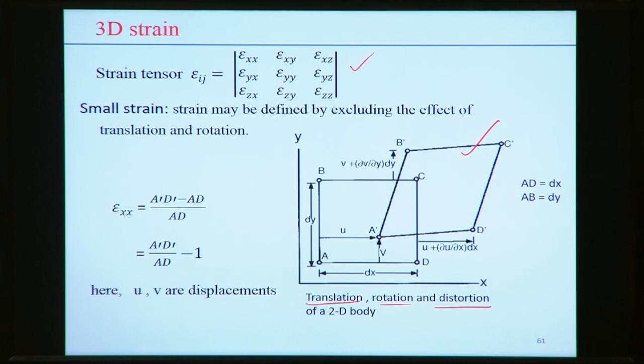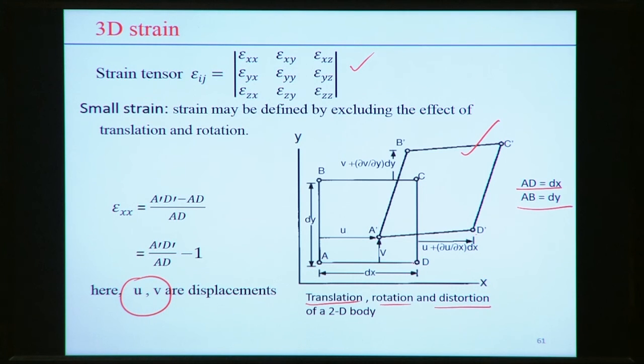Now how can you find the distortion in terms of the displacements u and v? Suppose the element AB is equal to dx. Now when you try to estimate the strain along the x-axis, epsilon xx is A dot B dot.